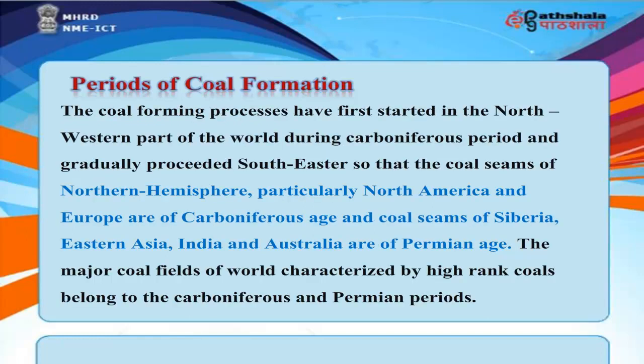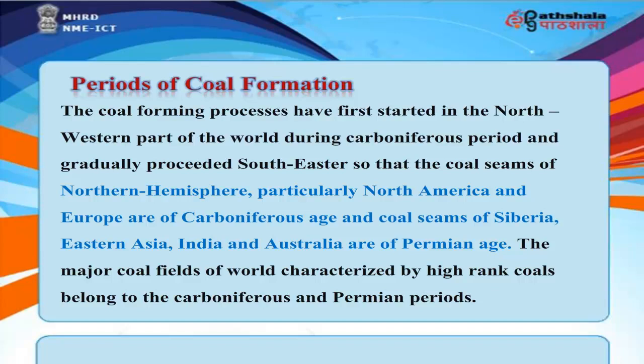The coal forming processes first started in the northwestern part of the world during the Carboniferous period and gradually proceeded southeastward, so that the coal seams of the northern hemisphere, particularly North America and Europe, are of Carboniferous age, and coal seams of Siberia, Eastern Asia, India and Australia are of Permian age.